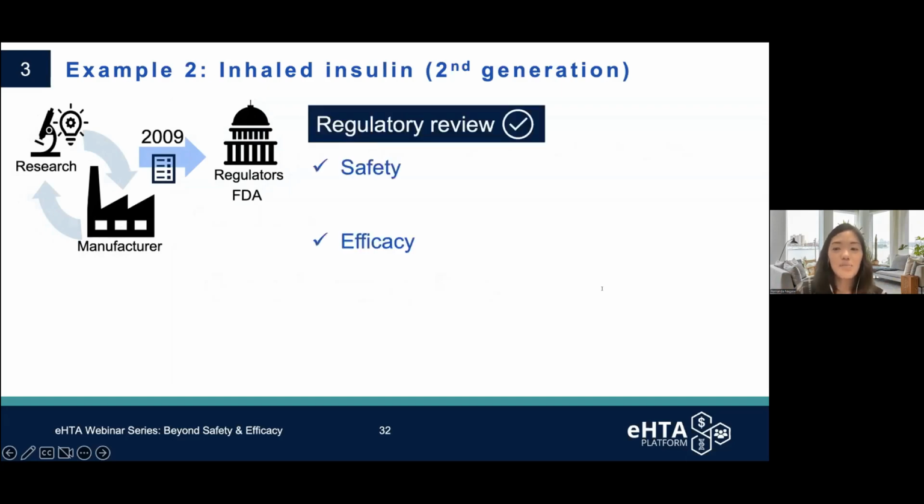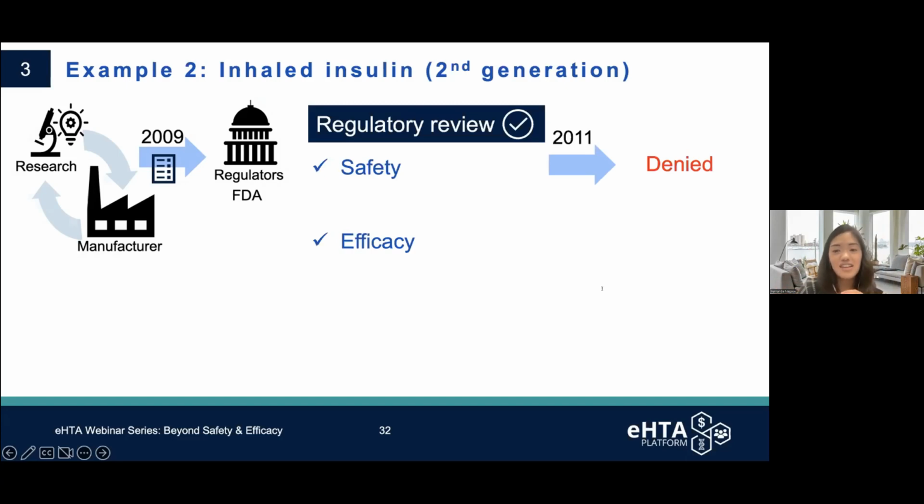And upon reviewing all documents, actually in 2011, the FDA denied approval. And why was that? Well, in the meantime, the company decided to change the design of the delivery system, and most of their trials were based on the old system.